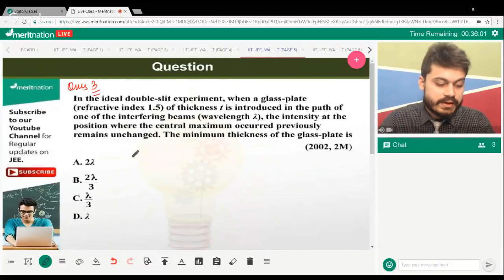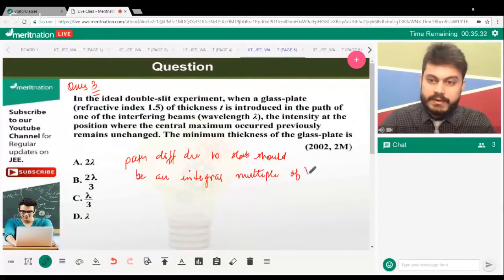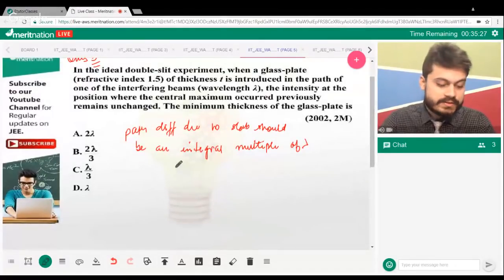So the condition for that should be the path difference due to the slab should be an integral multiple of lambda. Okay, A is the correct answer. Shavani says so that means path difference will be n lambda.